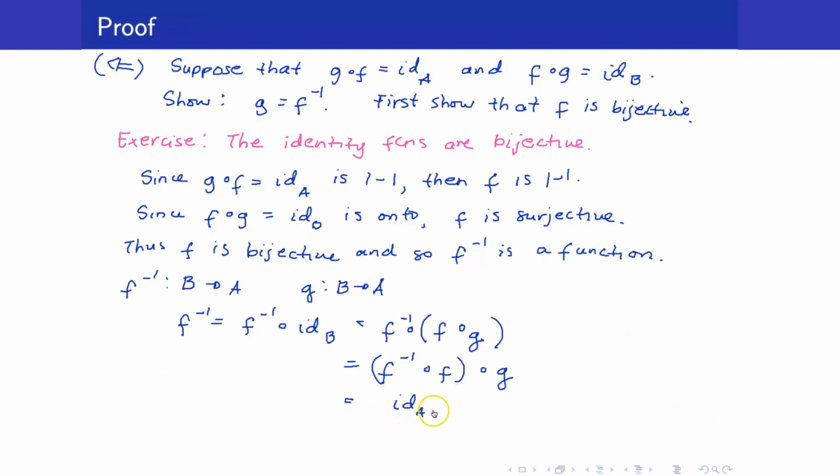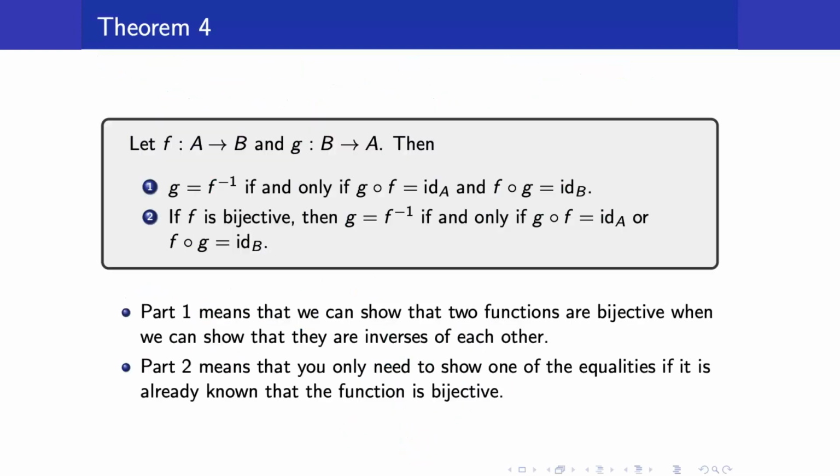So this is the identity function on A, circle G. But when you compose the identity function with a function, you just get the function itself. So therefore, we have just shown that F inverse is the same as the function G. Now, part 2 is left as an exercise.